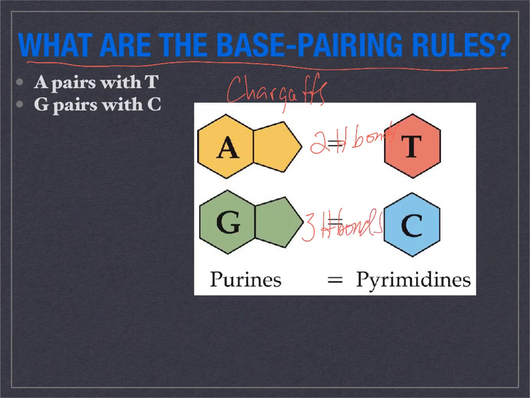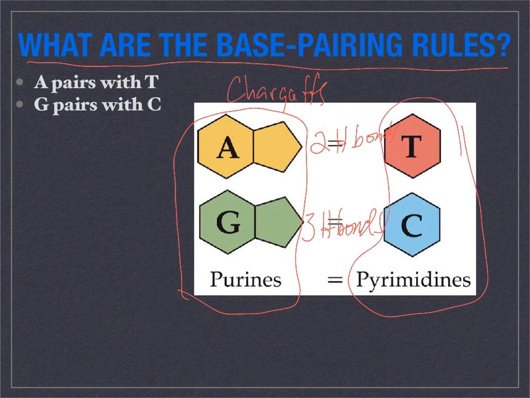Along with this, remember adenine and guanine are purines, and thymine and cytosine are pyrimidines. So the base pairing rules is always a purine bonding with a pyrimidine, right? Adenine, purine, 2 hydrogen bonds, thymine, pyrimidine. Guanine, purine, 3 hydrogen bonds with cytosine, pyrimidine. It is always going to follow those rules without fail.